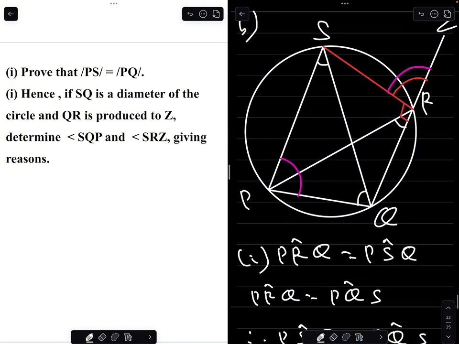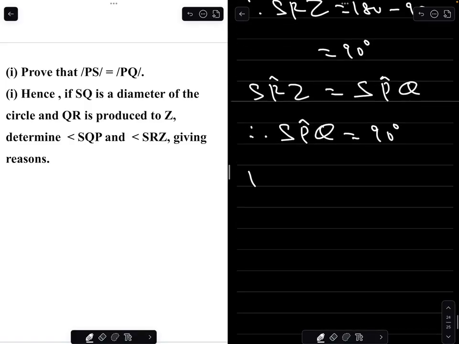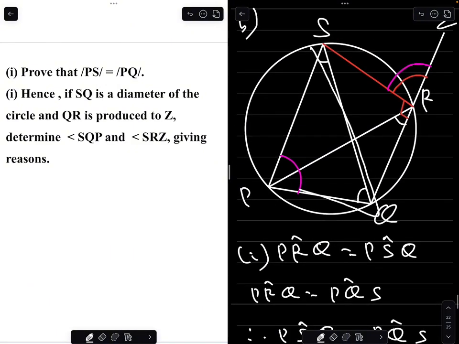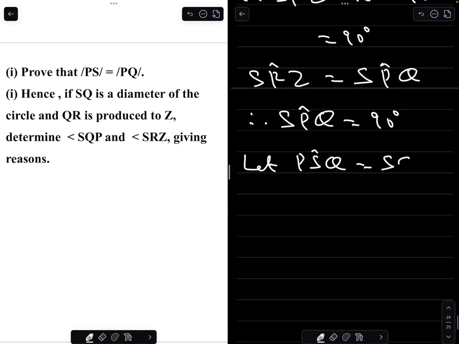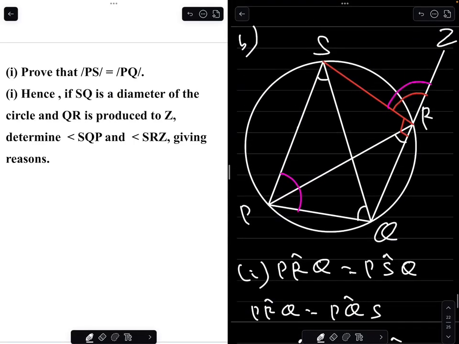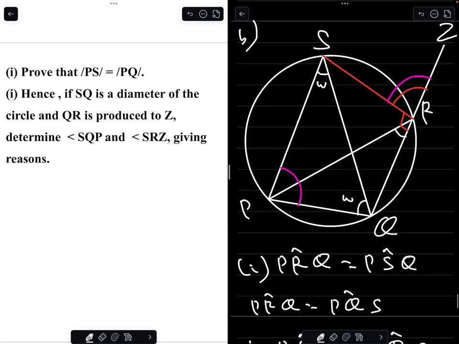Let angle PSQ, which is equal to angle SQP, be equal to W. Let each of those angles be W. So this is W and this is also W.